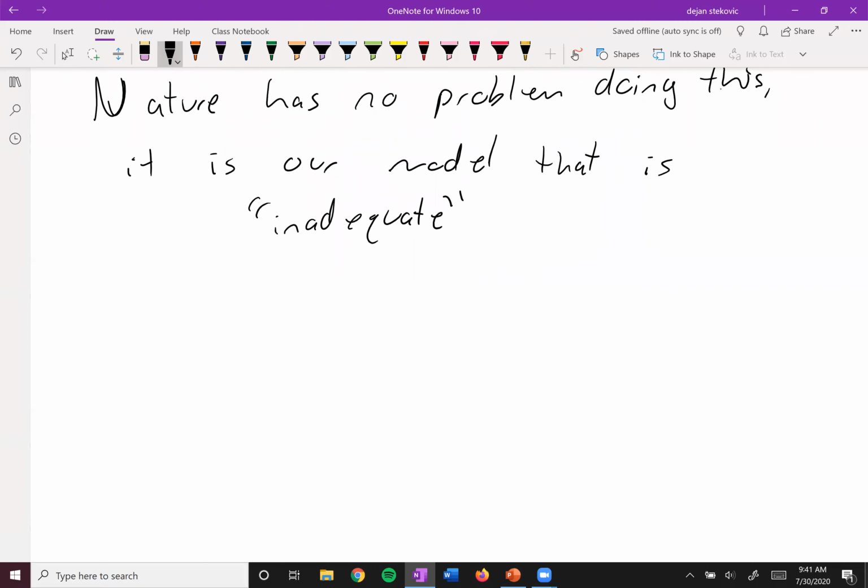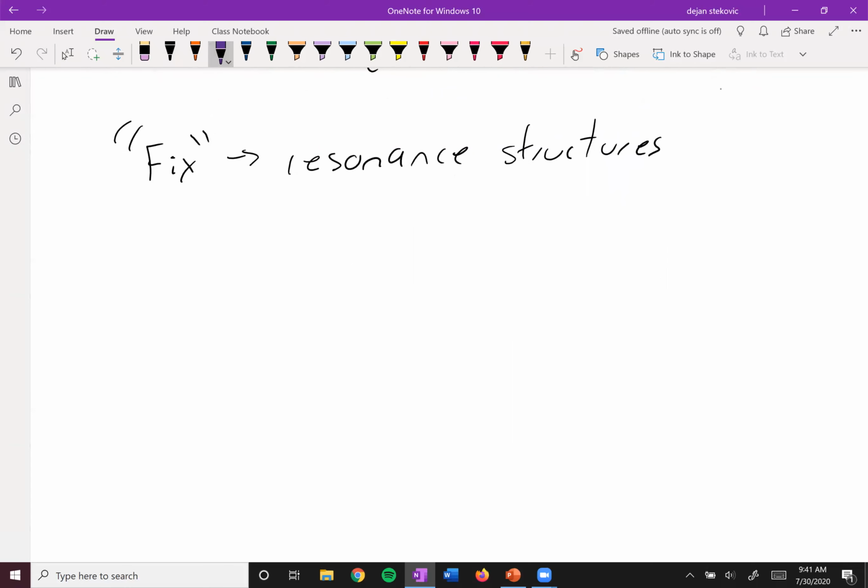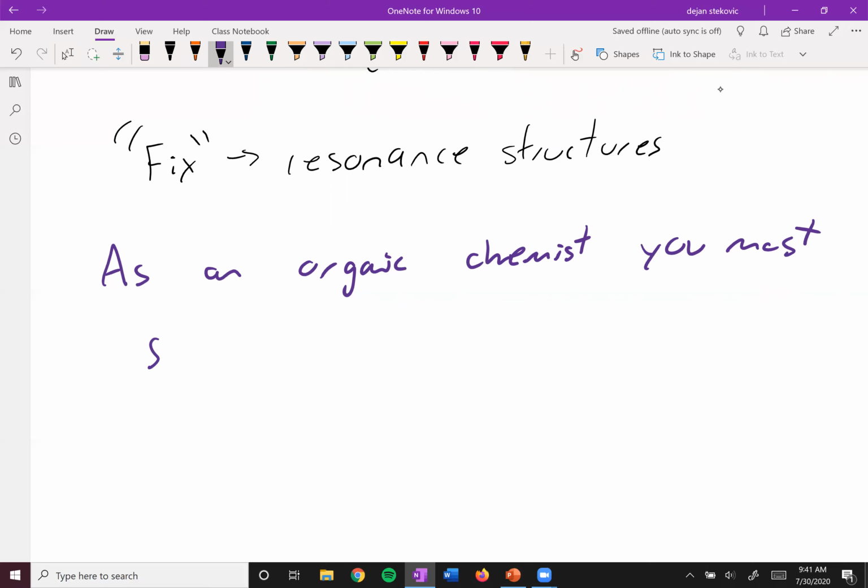So how do we do this? How do we kind of fix our model? Well, we just fix our model by thinking about resonance structures. And we don't explicitly do this, but we just kind of assume that our audience can do this, right? So as an organic chemist, you must see the truth, right?